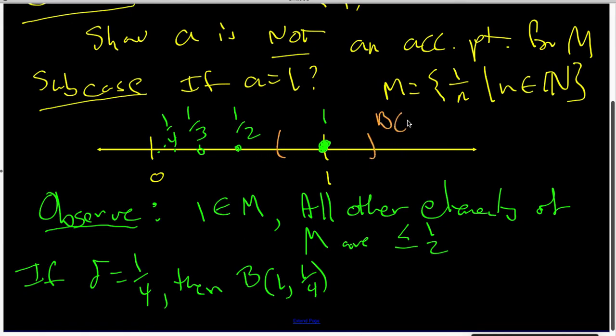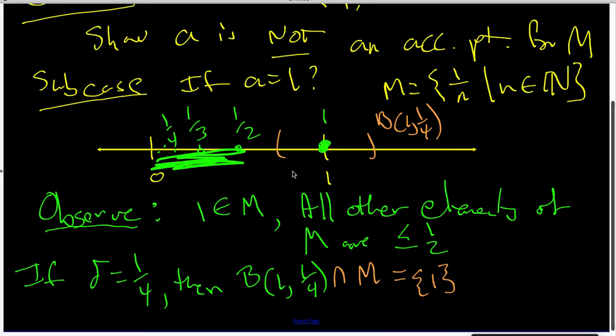So that's that delta ball. And this delta ball intersected with the set M contains only the element 1, because all of the rest of the elements of set M are down here, and so they're not inside this delta ball.